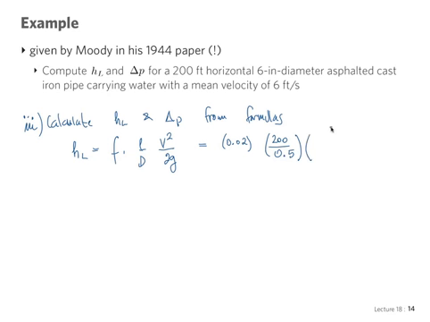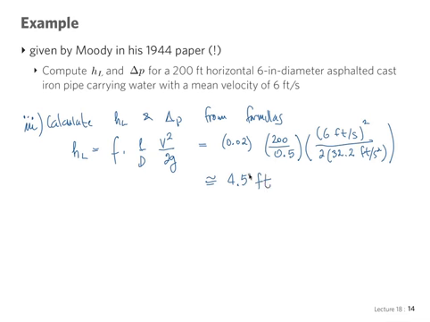We have V squared, 6 feet per second squared, divided by 2g, and g in these units is 32.2 feet per second squared. And that gives me approximately 4.5 feet.